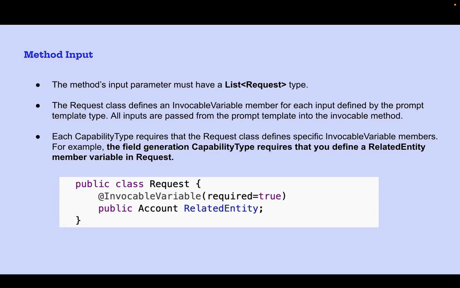For example, for the field generation capability type, you have to define a related entity member variable in the request. Just like we can see here. It is a request class, and inside this we are creating an invocable variable related entity, and the type is account because we are working with account. If we are working with any other object, you have to change this data type with your specific input.